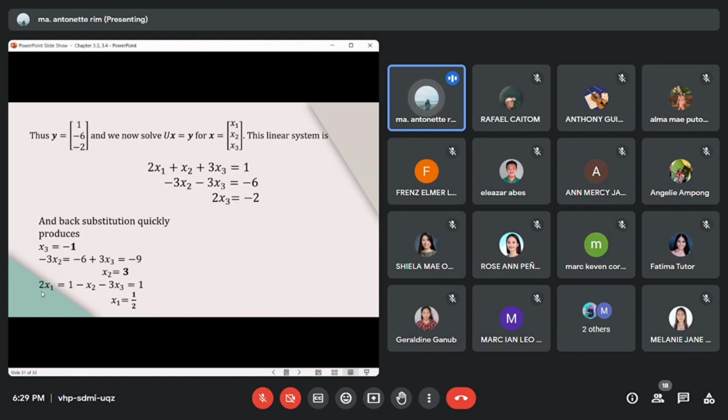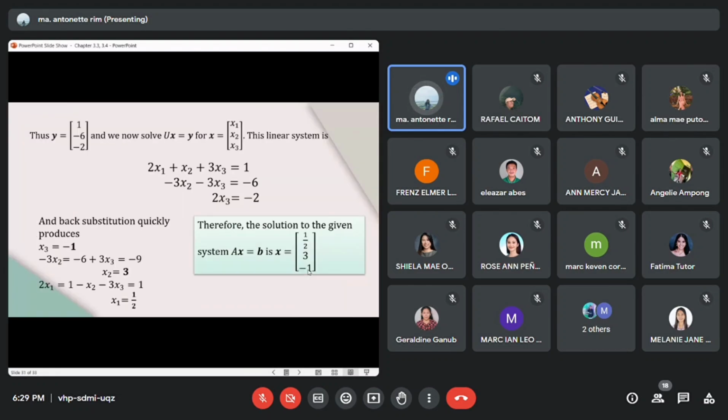Then divide both sides by 2. So the value of x sub 1 is 1 half. So therefore, the solution to the given system Ax equals to b is: x sub 1 is 1 half, x sub 2 is 3, x sub 3 is negative 1.